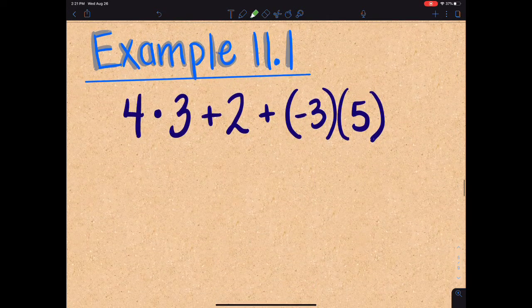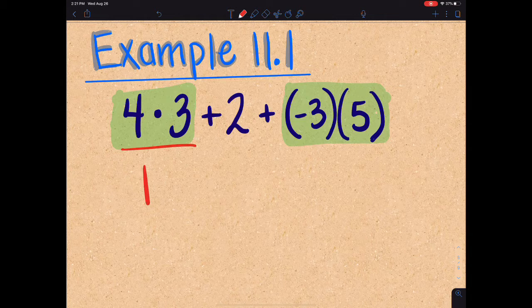Okay, let's move on to example 11.1. This is down at the bottom of page 52, and it wants us to simplify this problem. I'm going to highlight the multiplication first so you can see what I'm doing. I'll do that first, and this first, and that makes it easier. 4 times 3 is 12.